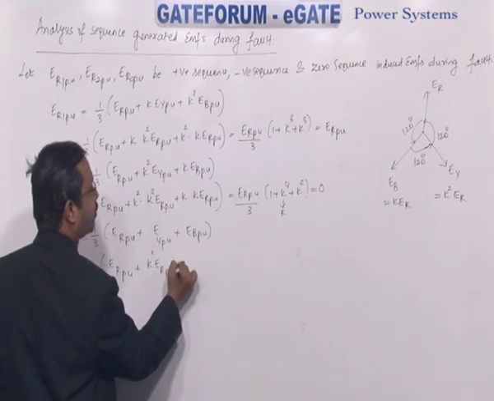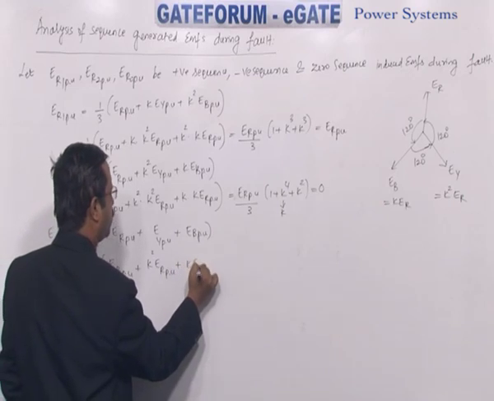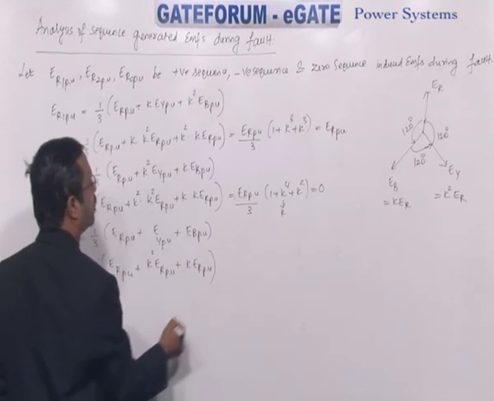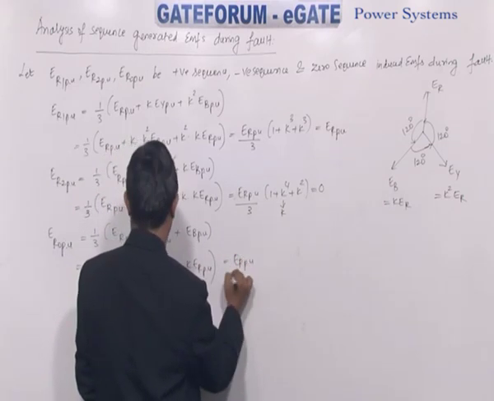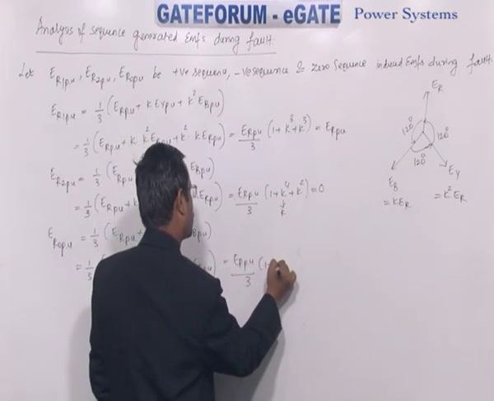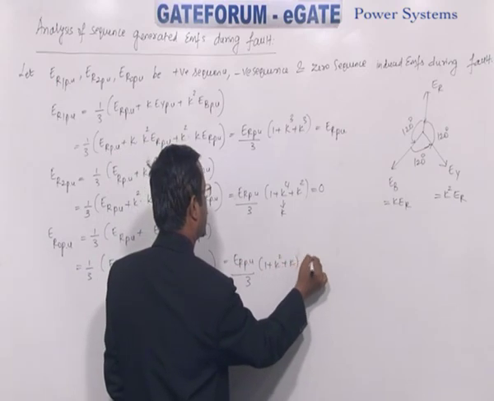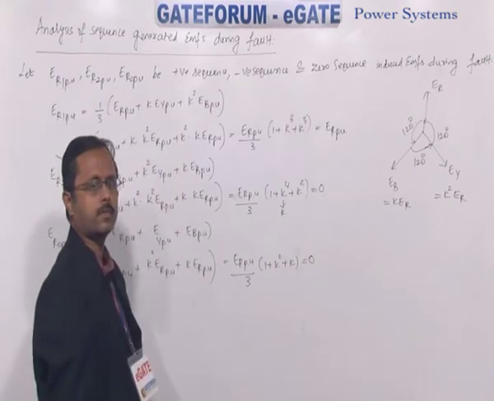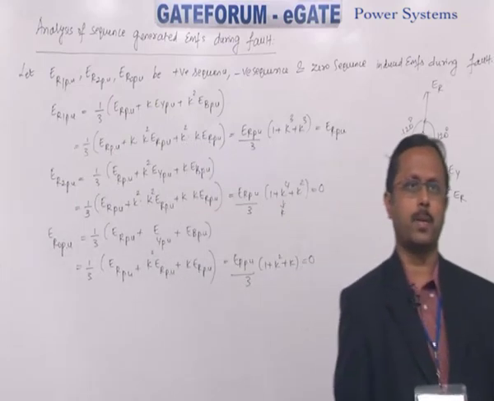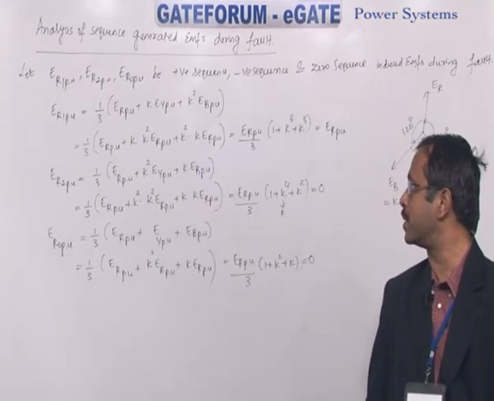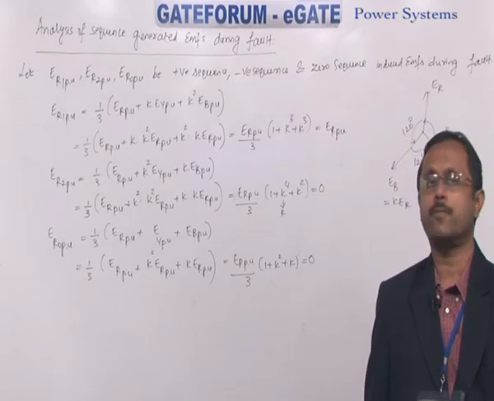K square ER. EB how much? K times ER. You take out ER common. How much? 1 plus K square plus K is 0. What is the value you get? 1 plus K square plus K equal to 0.